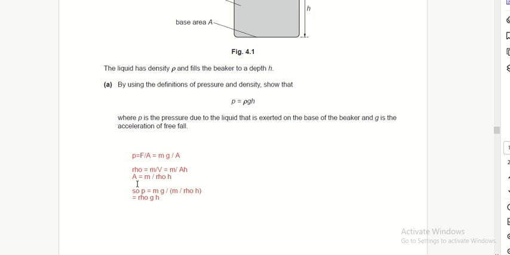Making a rearrangement, you can say that A equals m over rho times h.